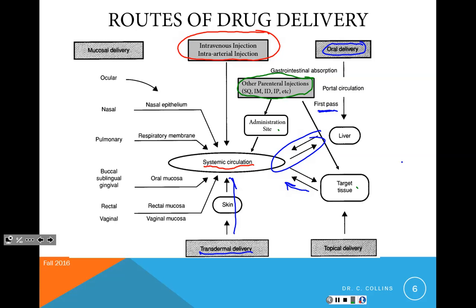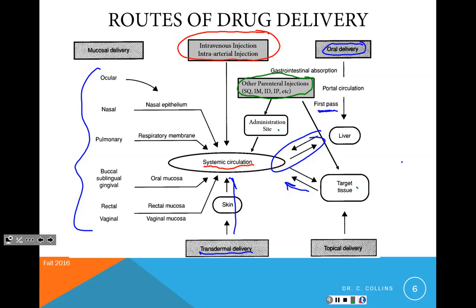And then here's a variety of other types of administration, which are under the general category of mucosal delivery, because they're basically placing the dosage form on some tissue mucosa, on top of which has usually a layer of some type of local mucus.